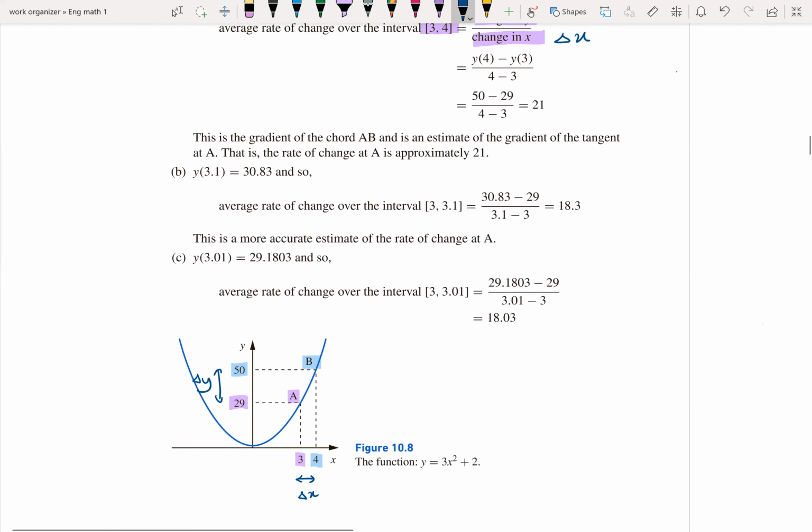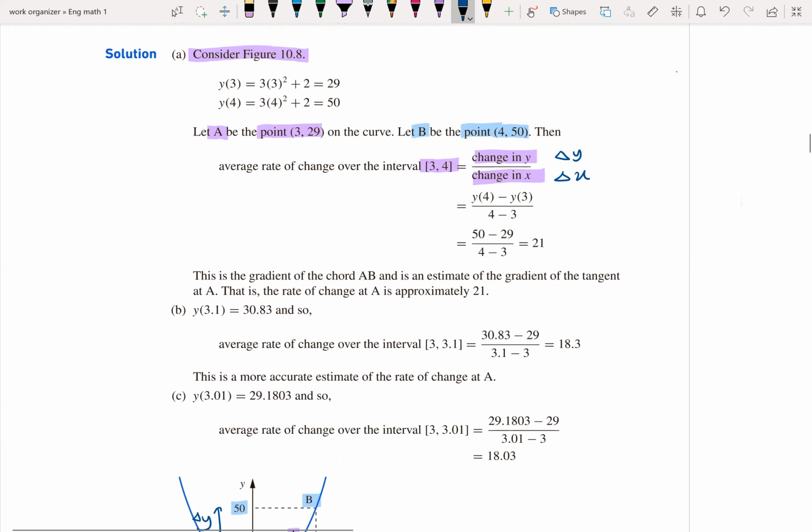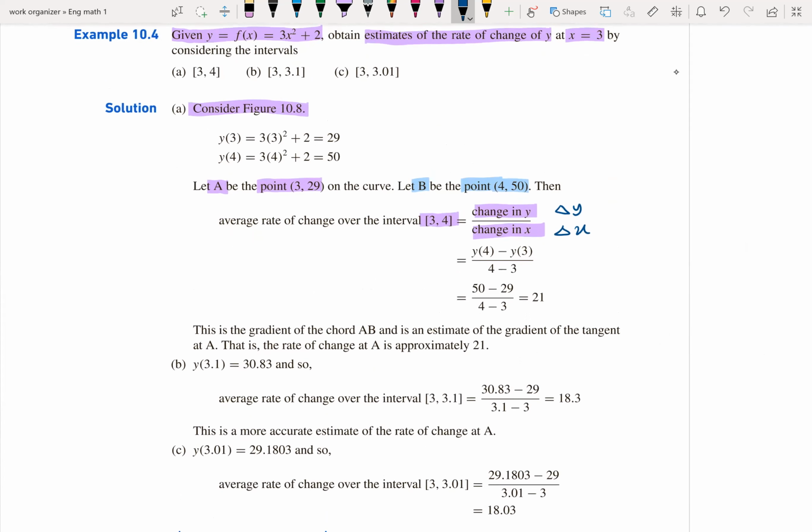We have to calculate: for y when x is 4, we input into 3x squared plus 2, which is 3 times 4 squared plus 2, giving 50.